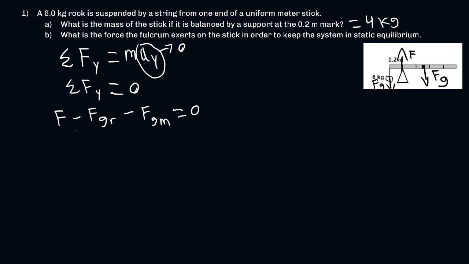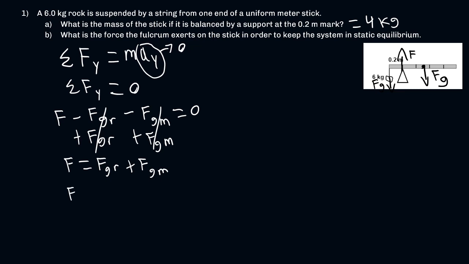We should add these both to the other side, and we should have the force pushing upwards is equal to these two forces of gravity going downwards. So that will cancel, this will cancel. We're going to have F is equal to the force of gravity on the rock plus the force of gravity on the meter stick.